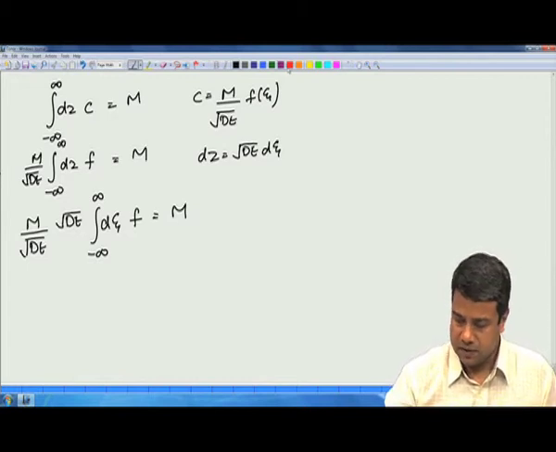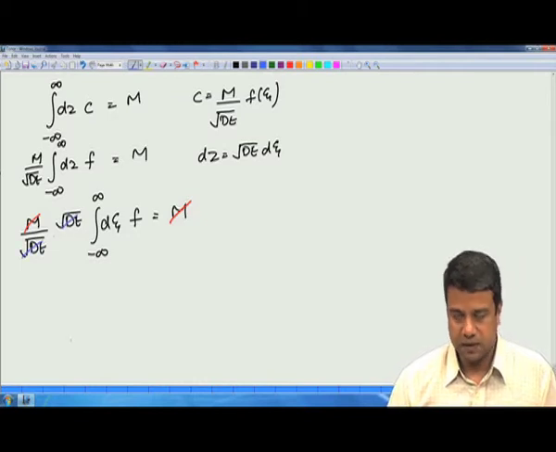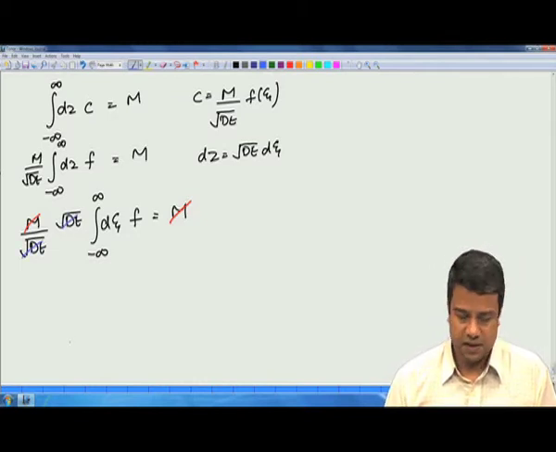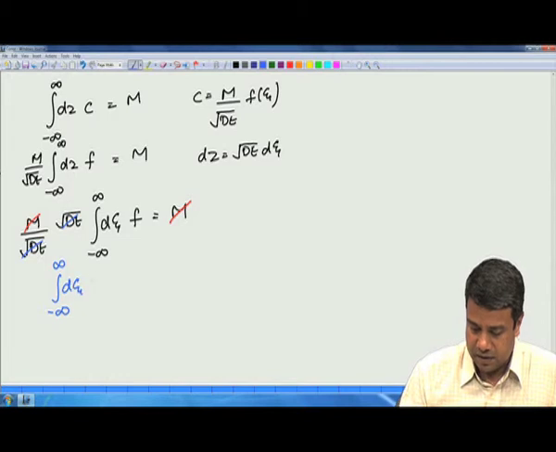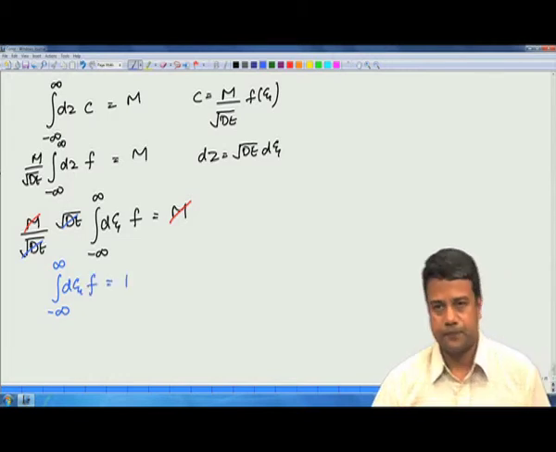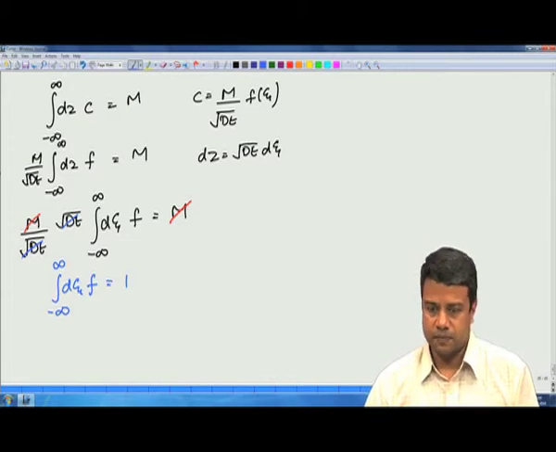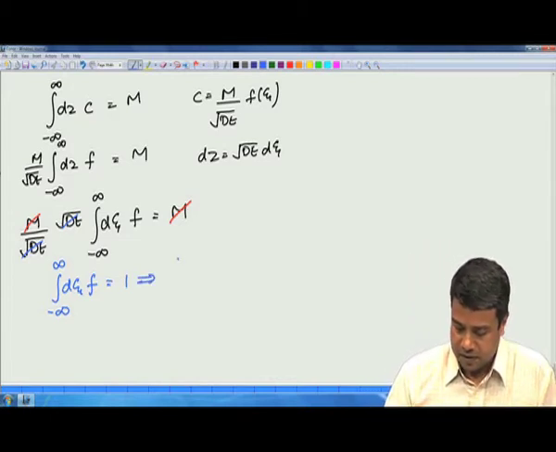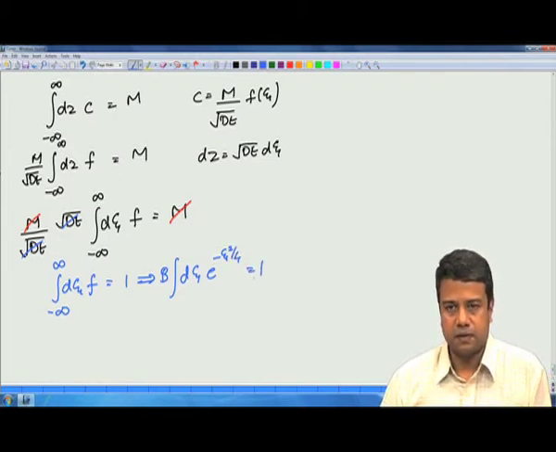And you can see that the m cancels out on both sides and root dt cancels out, and this condition basically states that this function has to be normalized. Integral minus infinity to infinity d psi f is equal to 1. And that determines the constant b.